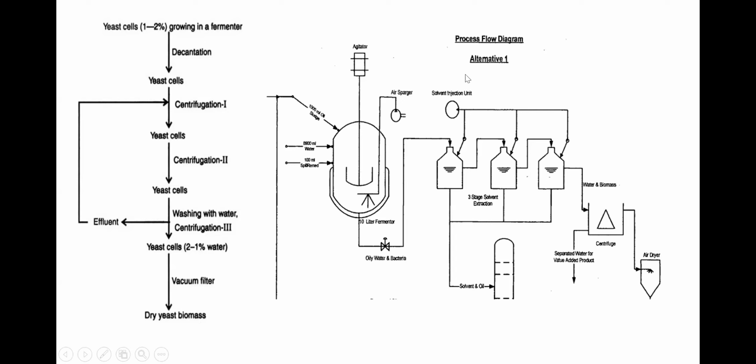And this is another common diagram which is used to produce single cell protein. In this case, if you can see here, the substrate is oil sludge. Oil sludge means that if there is any oil plus some solid, we call it sludge, mixed with a lot of water.